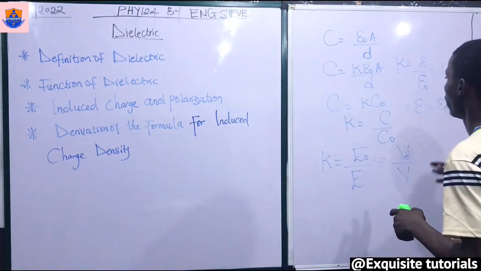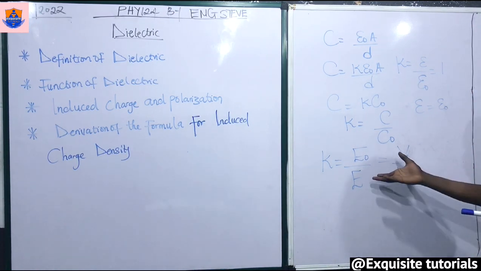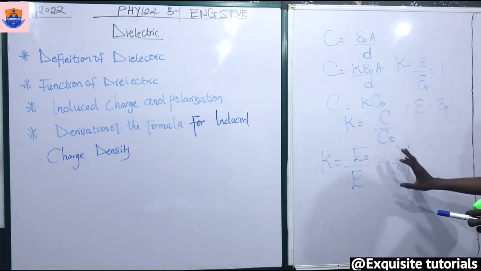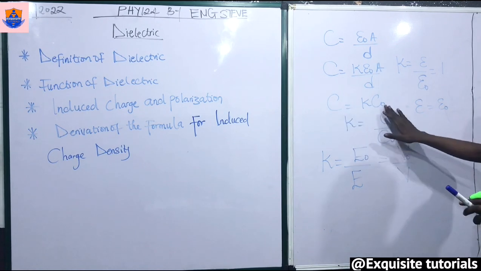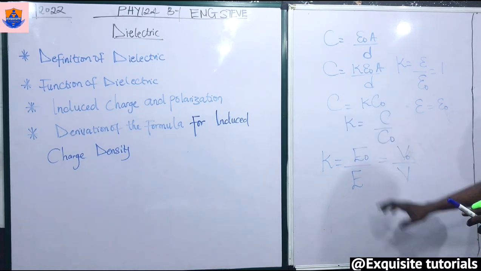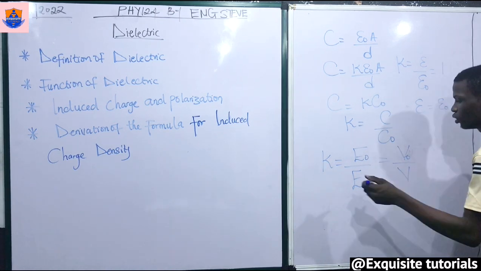These are the functions of the dielectric substance, and this is the way you relate them to the formulas. An increase in capacitance: it increases the capacitance value by K. And for these ones, it decreases the value.